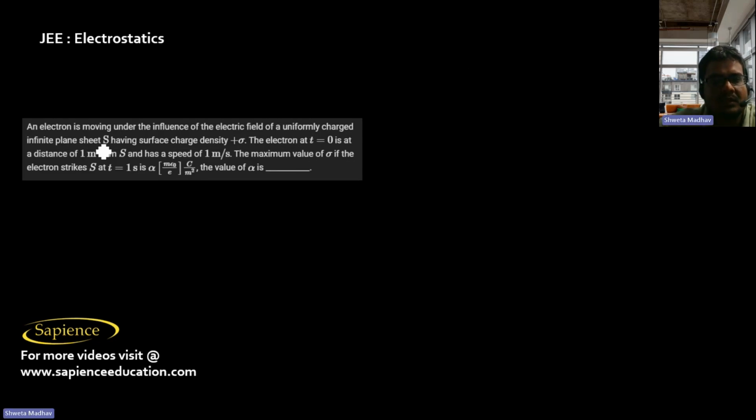And here it is told an electron is moving under the influence of an electric field. Electric field of a uniformly charged infinite plane sheet. So the infinite plane sheet is here, which is like this. It is having surface charge density plus sigma.